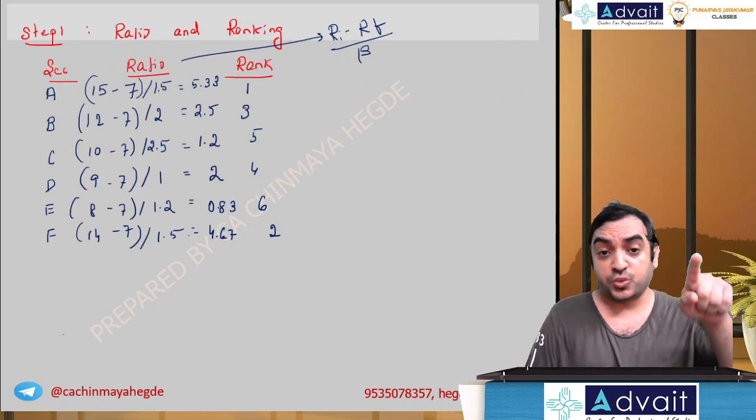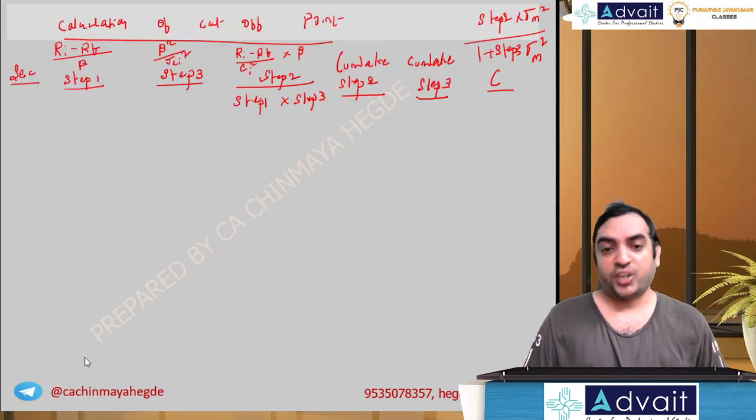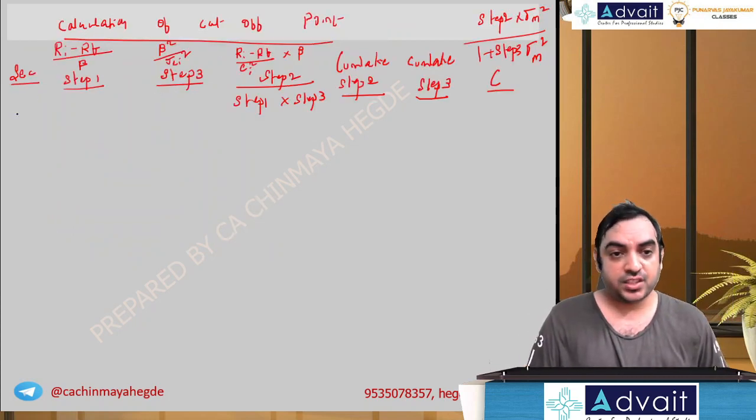What is that order? First was A, then second rank was F, third rank was B. Follow that order. So first rank was A with a ratio of 5.33. Second was F with a ratio of 4.67. Then third rank was B with a ratio of 2.5.